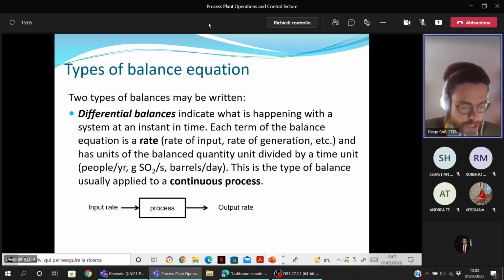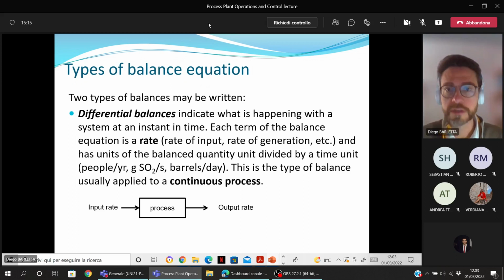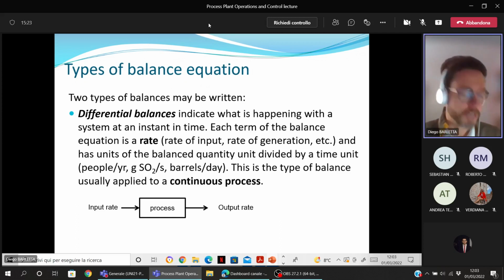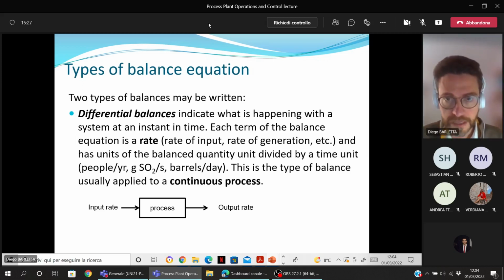So this means that each term of the balance that we write is a rate. So it is, for example, a rate of input, or a rate of output, or eventually a rate of generation in the case in which we have generation of mass.